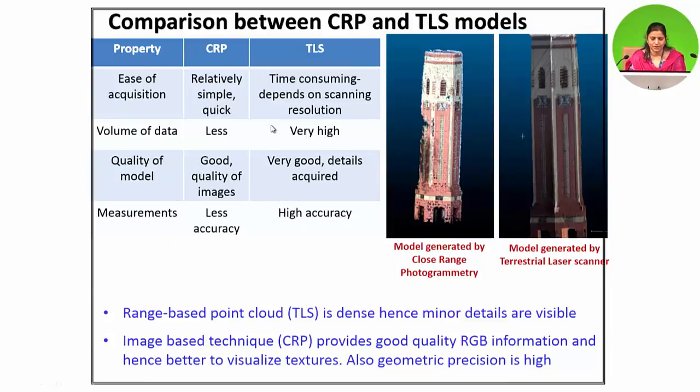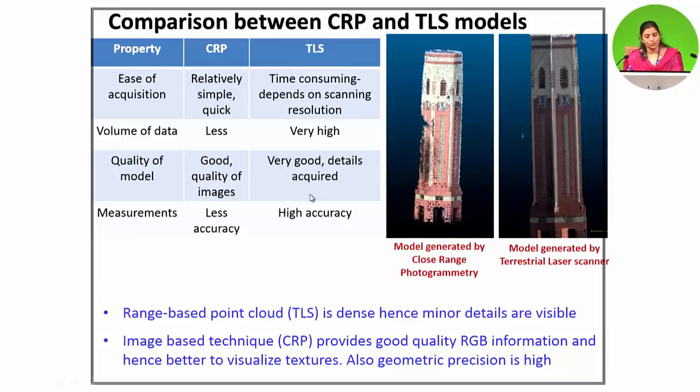To compare between close range photogrammetry and TLS models, for ease of acquisition, close range photogrammetry is relatively simple and quick, whereas TLS is time consuming and depends on scanning resolution. The volume of data for close range photogrammetry is less, whereas for TLS it is quite high. The quality of model is good and depends on the quality of the image.